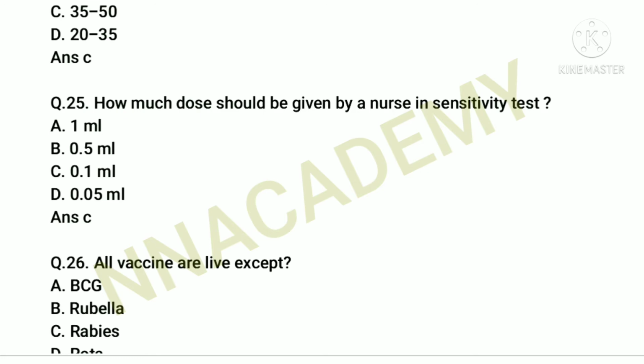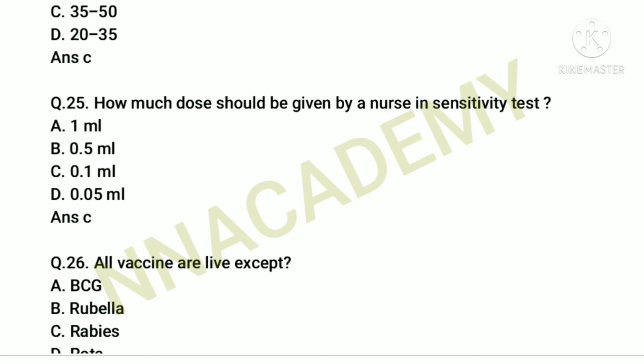So the right answer is 0.1 ml. A nurse administers 0.1 ml of the medication to check the sensitivity of the drug towards the patient. Here it is option C.